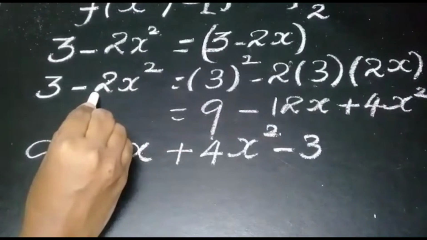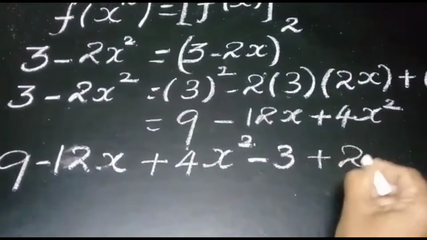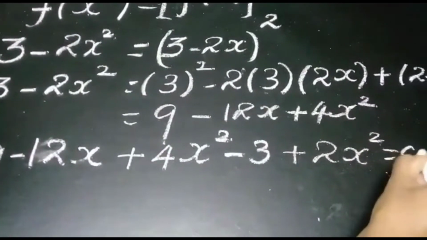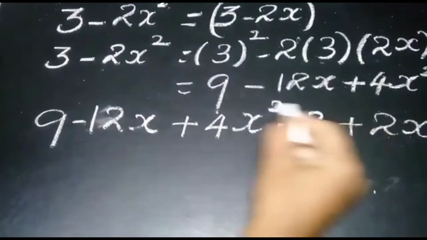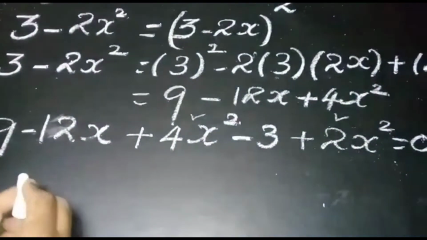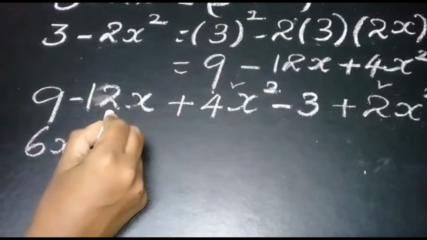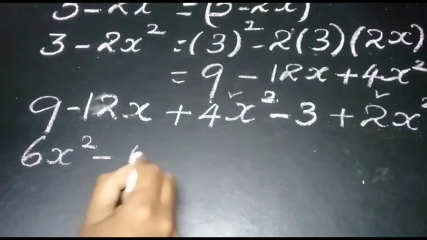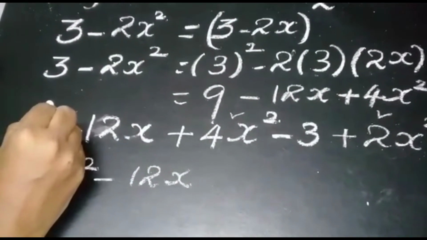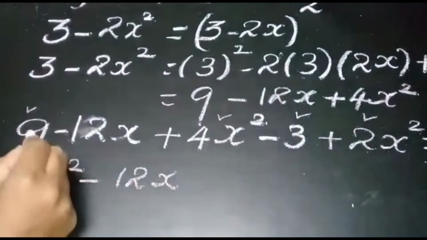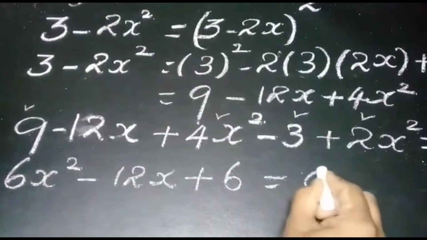Minus 2x square on the left side goes to the right side, meaning plus 2x square, equal to 0. Now add the like terms, 4x square plus 2x square. So the answer is 6x square. The x term is minus 12x. Now add the constant terms, plus 9 minus 3. What is the answer? Plus 6, equal to 0.